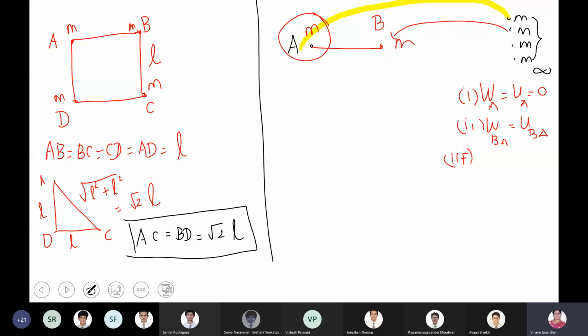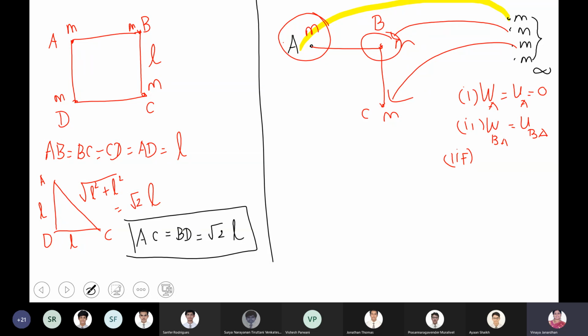Now I'll have to go for the third. Another mass. In this case, I have to do work against both the fields.